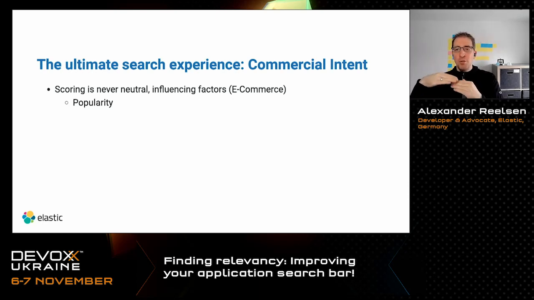Because the product is popular, you score it up, it gets bought more, and it stays up in the score. And this may be something that you want to make sure is happening, because then you can stock your shelves with one single product or a couple of different products, which you need to stock a lot, and the other ones don't need to be stocked so much. But it also means that you probably don't sell other products. So popularity is a used metric, but needs to be handled with care.